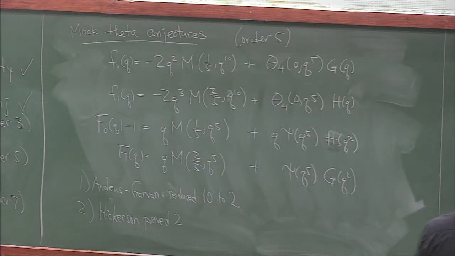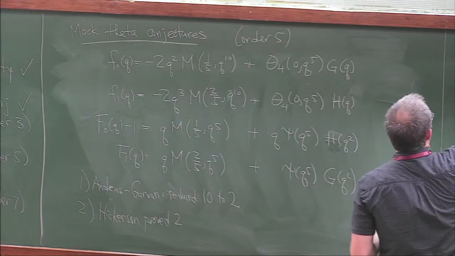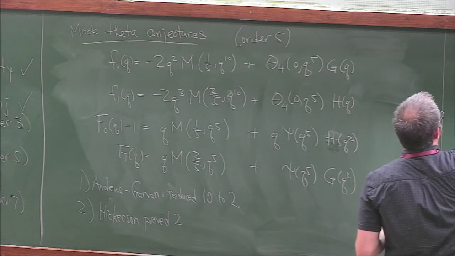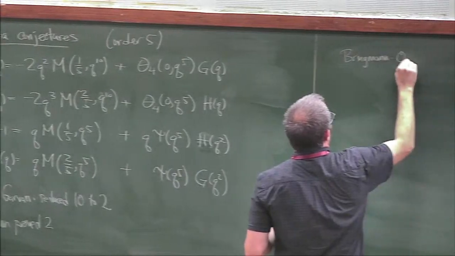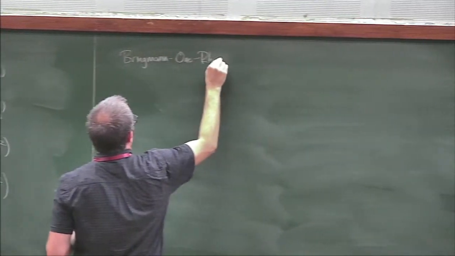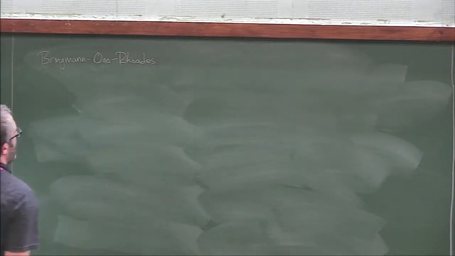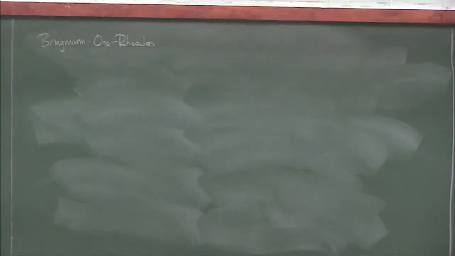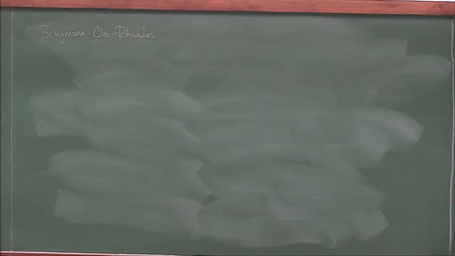This was hinted at by Bringmann, Ono, and Rhoades. Basically they said, now that you have our main theorem, you should be able to just plug this into the Mock theta conjectures and do some calculations, and that should give you a proof that uses modular forms.